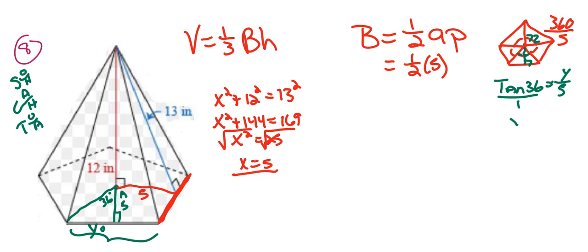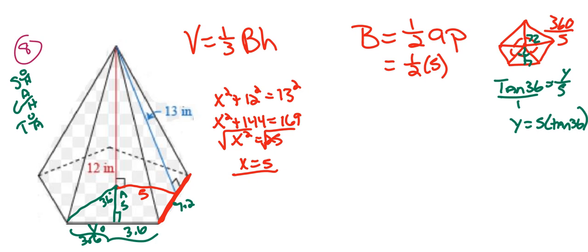Y equals 5 times the tan of 36. I get 3.6. If that's 3.6, this is also 3.6, which means that the side is going to be 7.2.